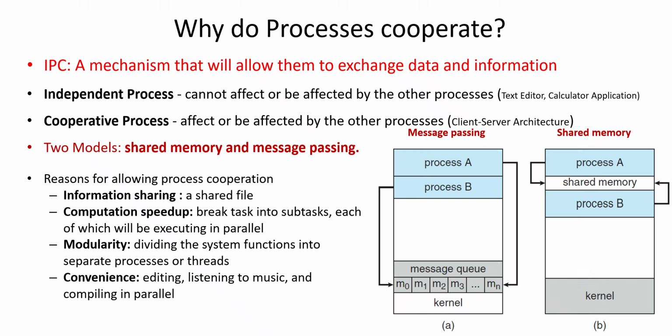For example, a text editor and a calculator application may operate independently. A cooperating process, on the other hand, can affect or be affected by other processes. For example, processes in a client-server architecture. To support cooperating processes, operating systems mainly provide two IPC models. They are shared memory and message passing.